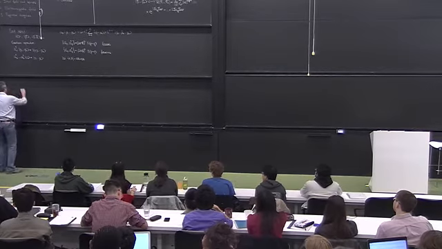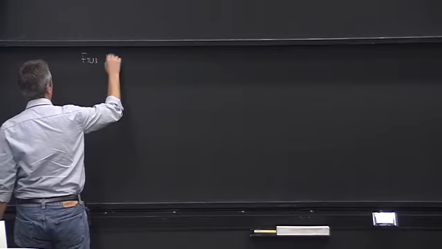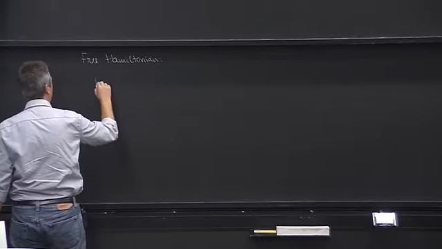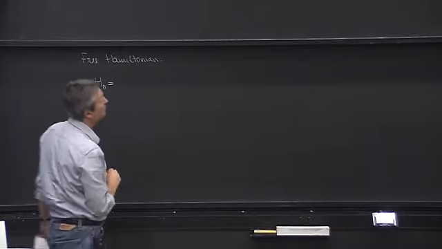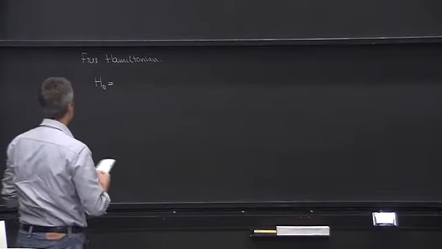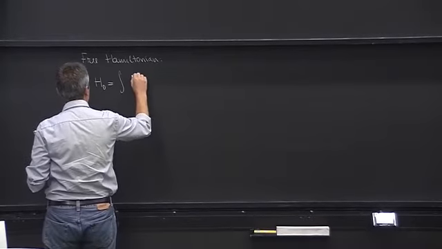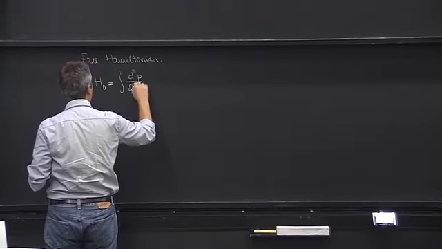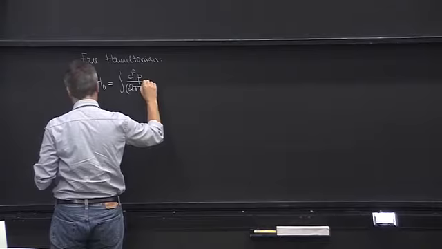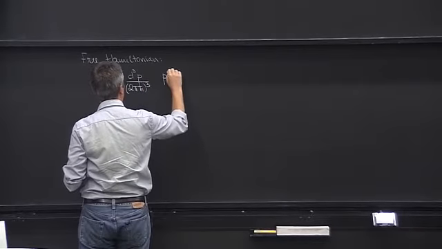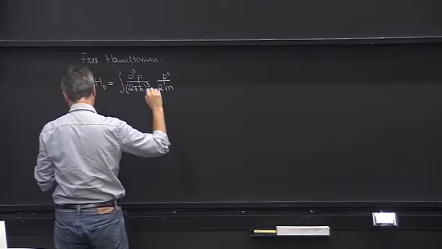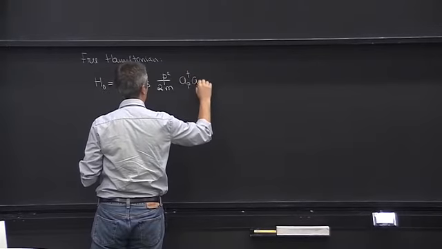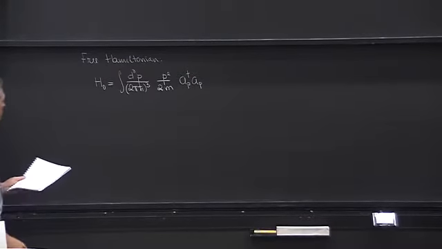Okay, so for instance, the free Hamiltonian, the one without the potential part, can be written as an integral over all momenta of the energy of a particle with this momentum, times the product of creation and annihilation operators.